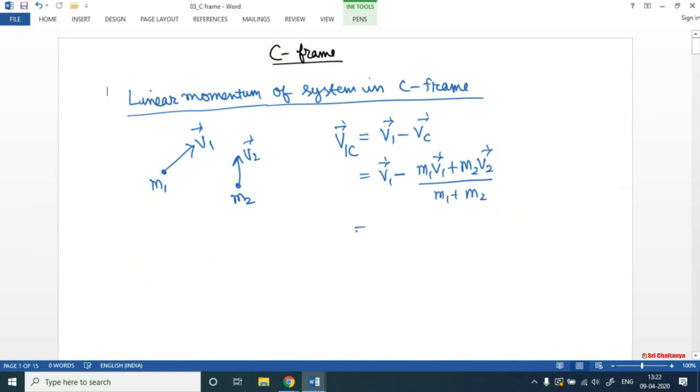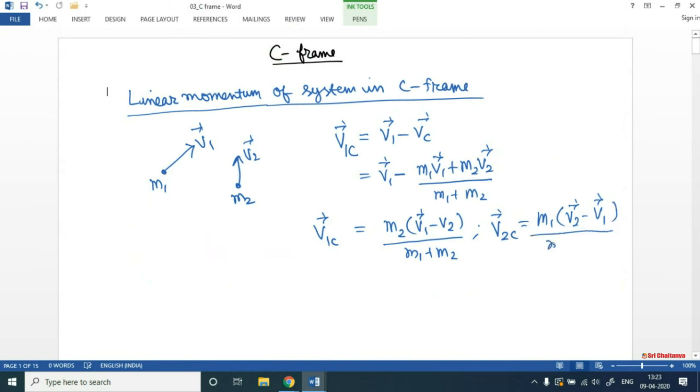Rearranging this expression, v1c we will get is m2 times (v1 minus v2) divided by m1 plus m2. Similarly, looking at the symmetry of this relationship, the velocity of 2 with respect to the center of mass will turn out to be m1 times (v2 minus v1) upon m1 plus m2.